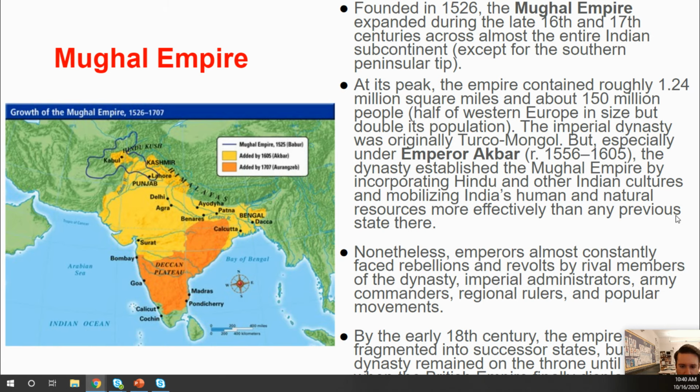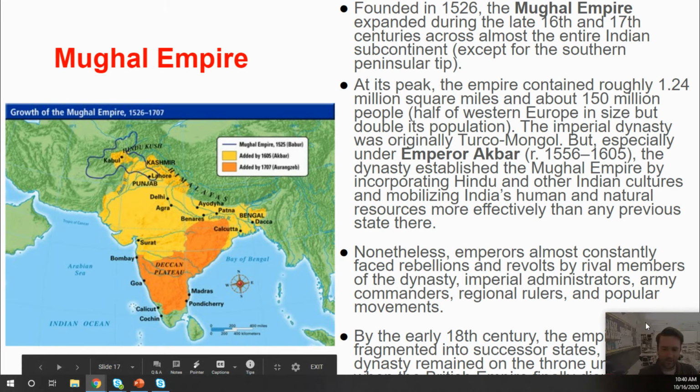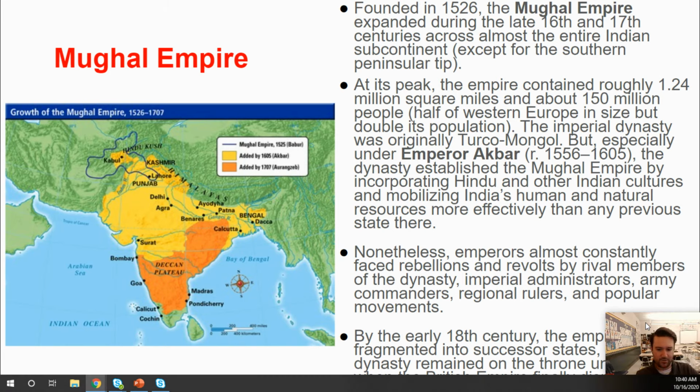And so he is going to be very smart in incorporating more Hindu and Indian culture into his rule and his empire. And this allows him to continue to expand, because if he's not fighting against the people he's conquering, then it allows him to conquer more territory.